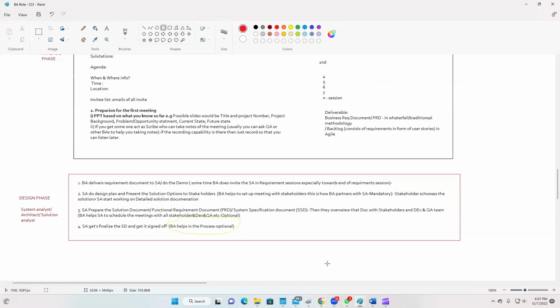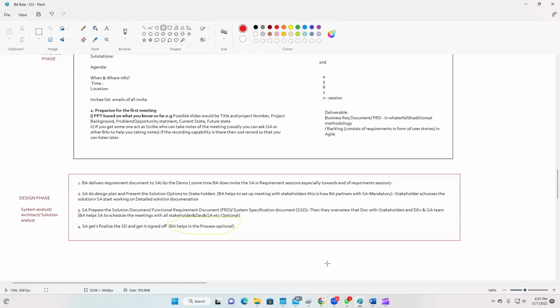So the third part, the BA will help the SA to schedule the meeting with the stakeholders, the development team, and the QA, and for the QA it's kind of optional. Then the last part, the BA helps in the process.